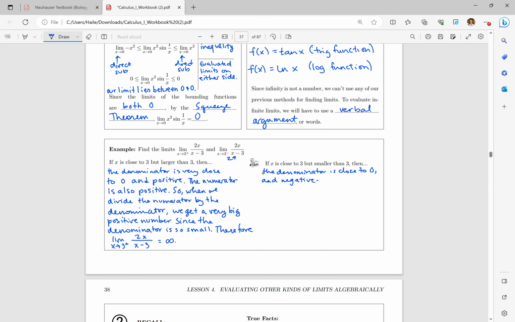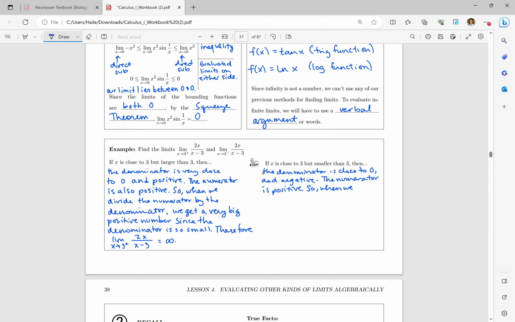Okay, however, the numerator is positive. So if we imagine plugging in 2.9 to the numerator, again, 2.9 is positive, so times 2 will also give us a positive number.